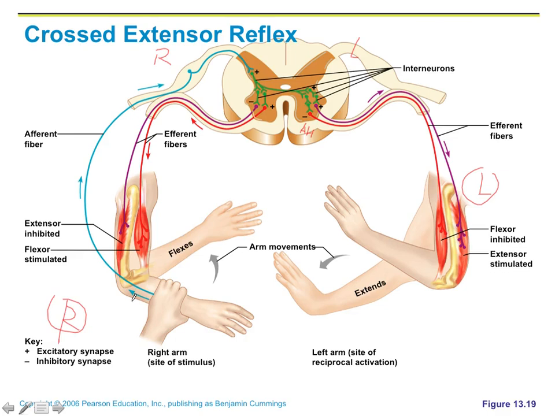This is called the crossed extensor reflex. That means if somebody pulls our right arm, we send the command impulse to recruit both of our arms to resist the pulling.